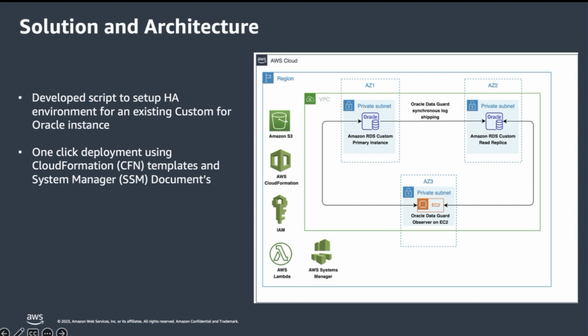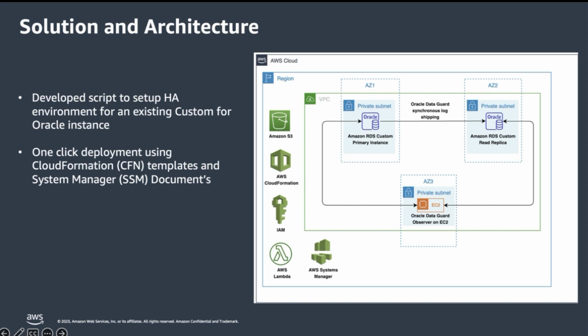Now in this particular setup, because of the maximum availability mode, we are setting up this entire thing in one region and within the same VPC. And another call out is we are not doing an SSH into the primary or the secondary for making any of these changes, right?